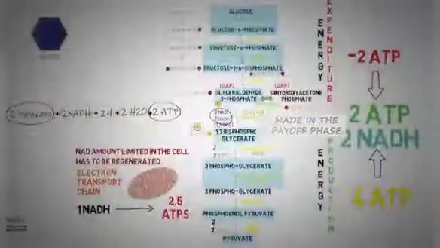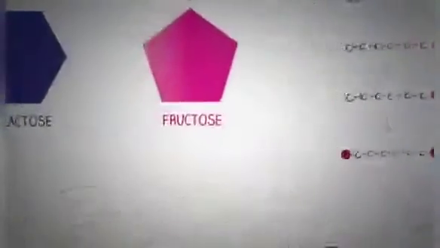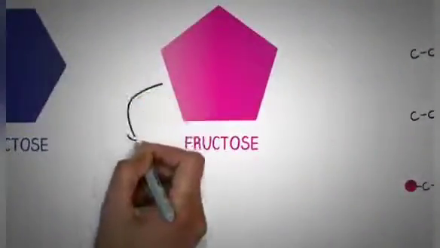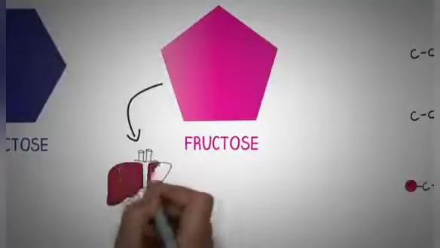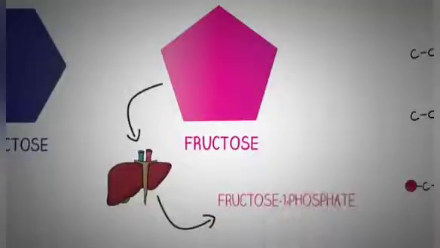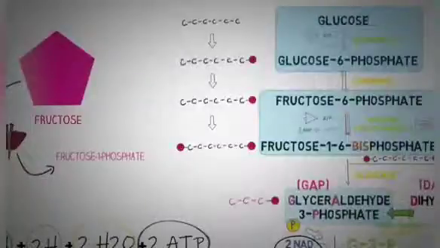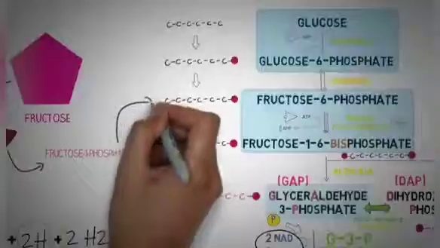Now you also need to know how galactose and fructose enter this pathway. For fructose, it is simple. Most of the fructose that we consume goes into our liver and gets metabolized into fructose 1-phosphate, which through another intermediate enters the glycolysis here.